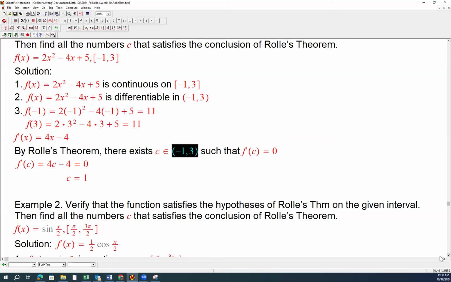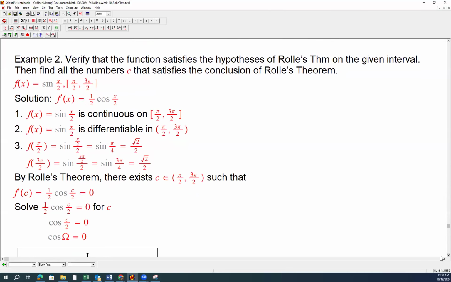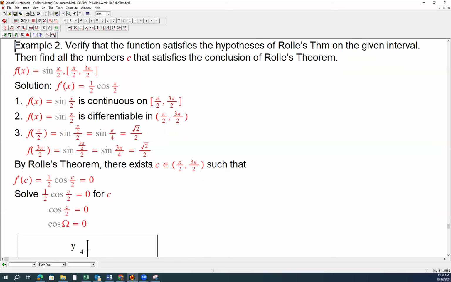So that was done. Example number 2 is trig function related. A trig function is continuous and differentiable indefinitely in its domain, so the continuity is satisfied, no problem. At the endpoints, the function's value at pi/2, we plug in, sine of (pi/2)/2 is sine of pi/4, that's √2/2.